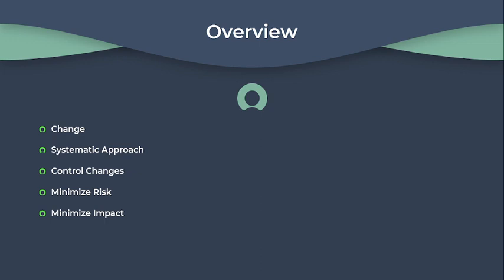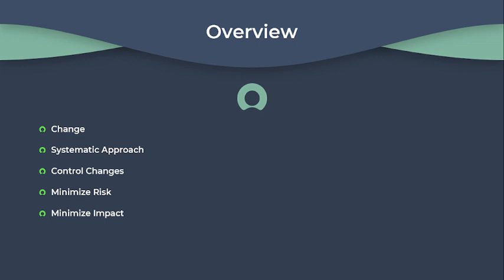This is achieved through assessment and evaluation of proposed change to identify potential risks and mitigate them before implementation. By following a structured process, organizations can make informed decisions and reduce the likelihood of disruptions or failures.